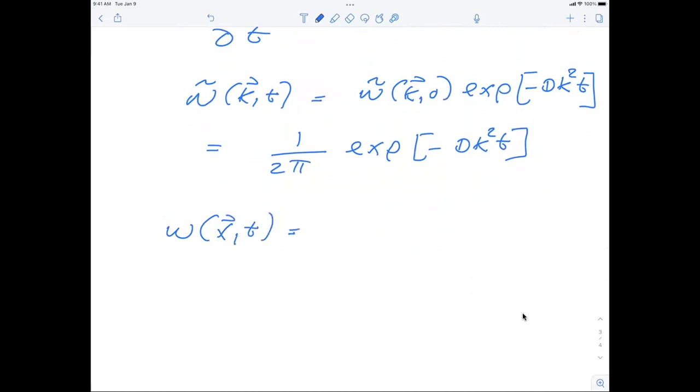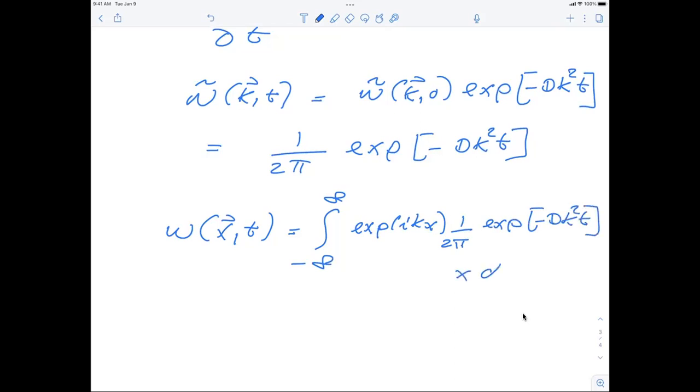And this would now simply be given by the integral from minus infinity to plus infinity. And then we would have the exponential of I times k of x. And then we would have to multiply with 1 divided by 2 pi. And then I would have a new exponential of minus d of k squared of t multiplied with dk.